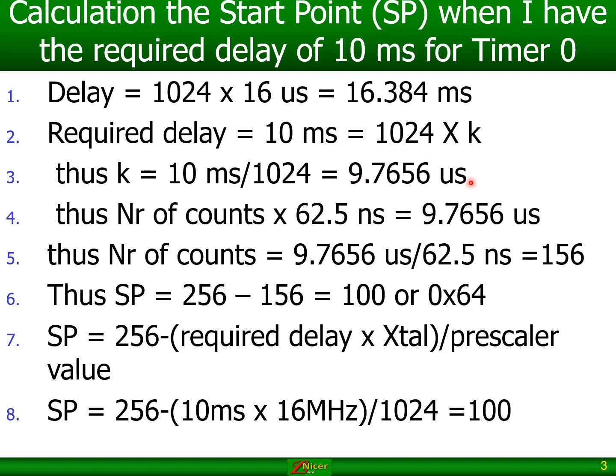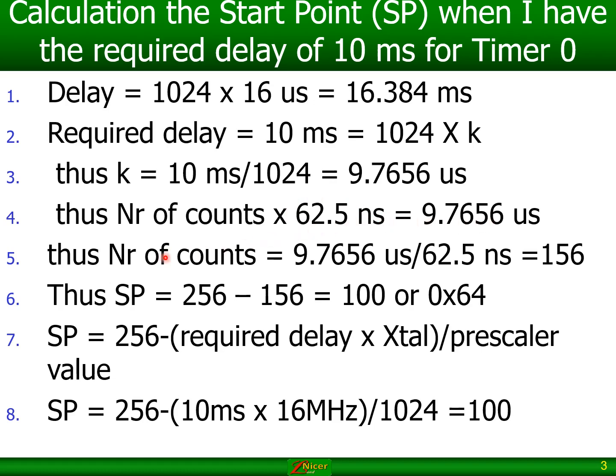Because this is the delay that I want, now what I'm going to do is say the number of counts multiplied with a single clock pulse should thus be 9.7656 microseconds.